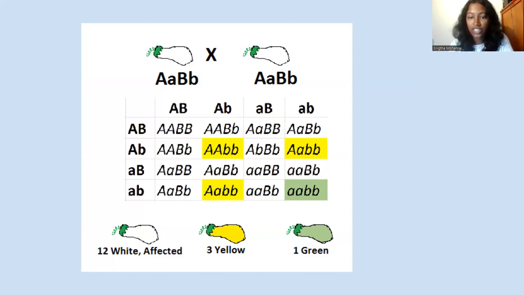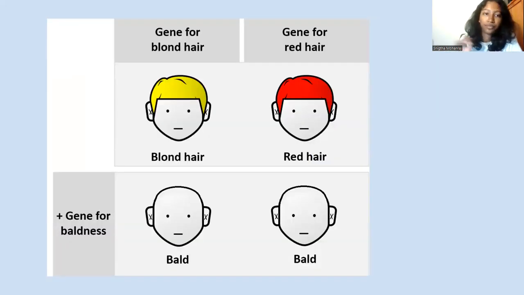And then of course we have the green where neither of the genes are expressed at all. So yeah, hopefully this makes sense. You can pause the video and look at the graphic further. But basically you can see how these genes are linked and how the expression of a gene depends on a certain other independently occurring gene.